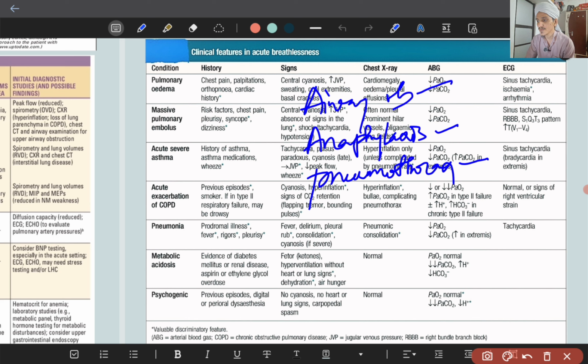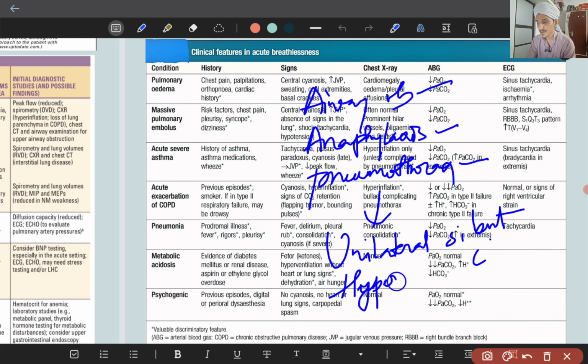if the pneumothorax is on one side, there will be a unilateral silent, hyperresonant chest.